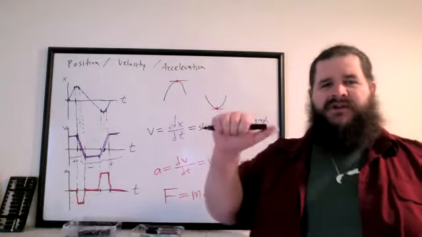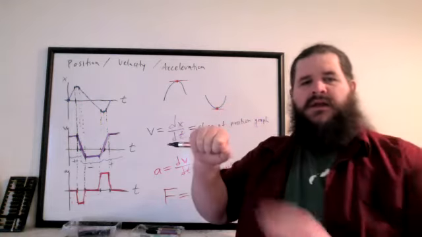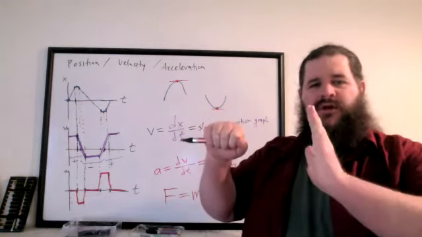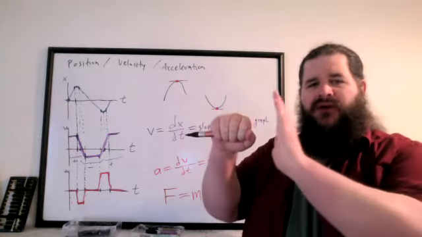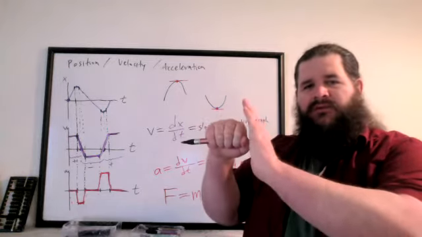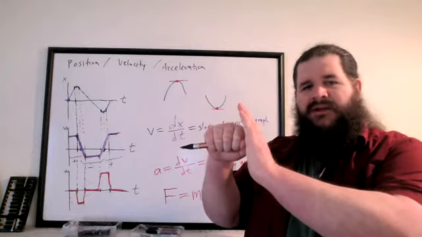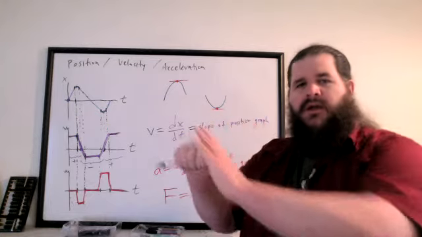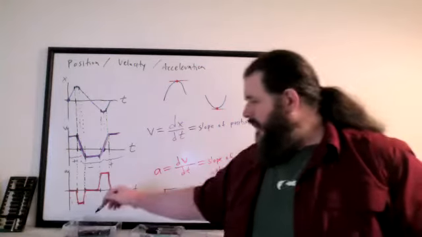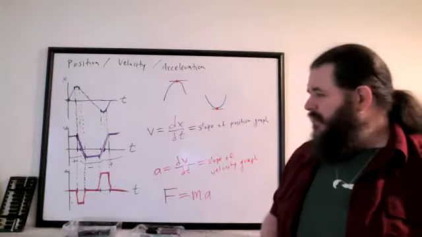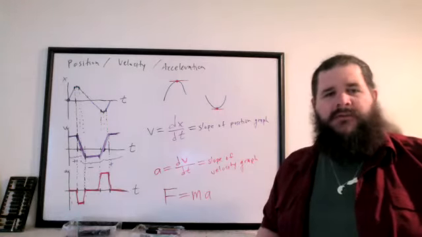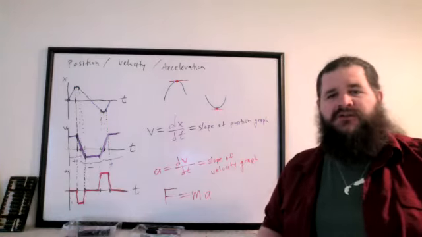If you've got an object and you want to apply a force to it, you can't just go from no force at all to all the force instantly. When you're in the process of applying that force, when you first make contact with the object, you're applying a little bit of force, then more and more and more. It might be very quick if you're just slamming into the object, very quickly changing from no force to lots of force, but it's not truly instantaneous.